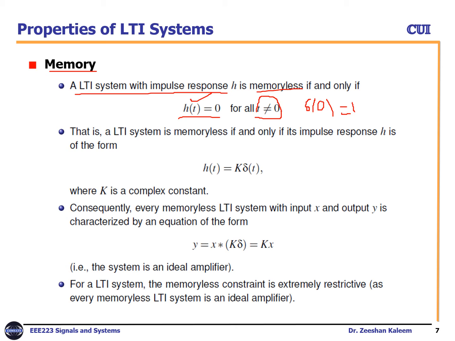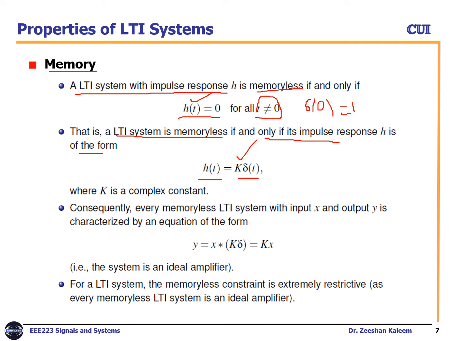So an LTI system is memoryless if and only if its impulse response is of the form h(t) equals k delta(t), where k is a constant. It means that impulse response only depends on the current time, which is time t equals 0, and for other time it is equal to 0.